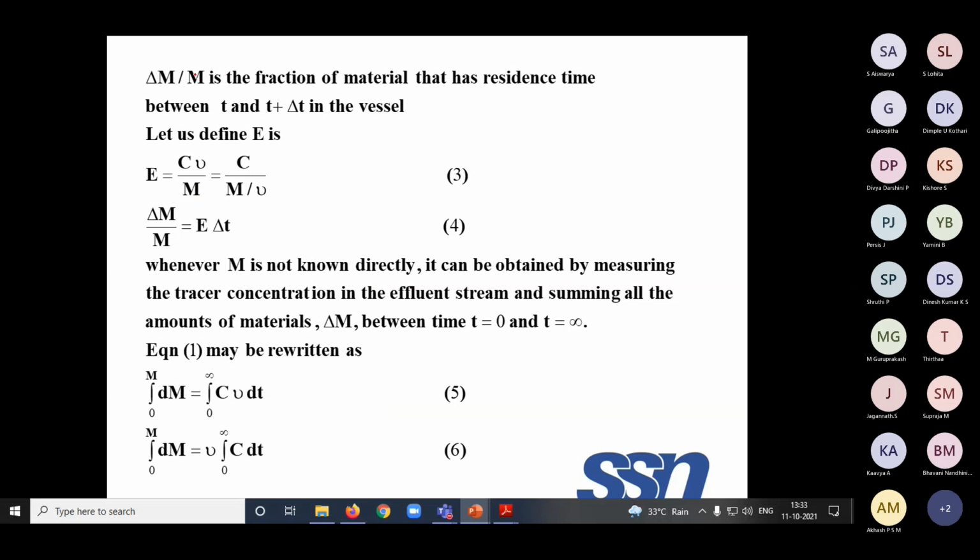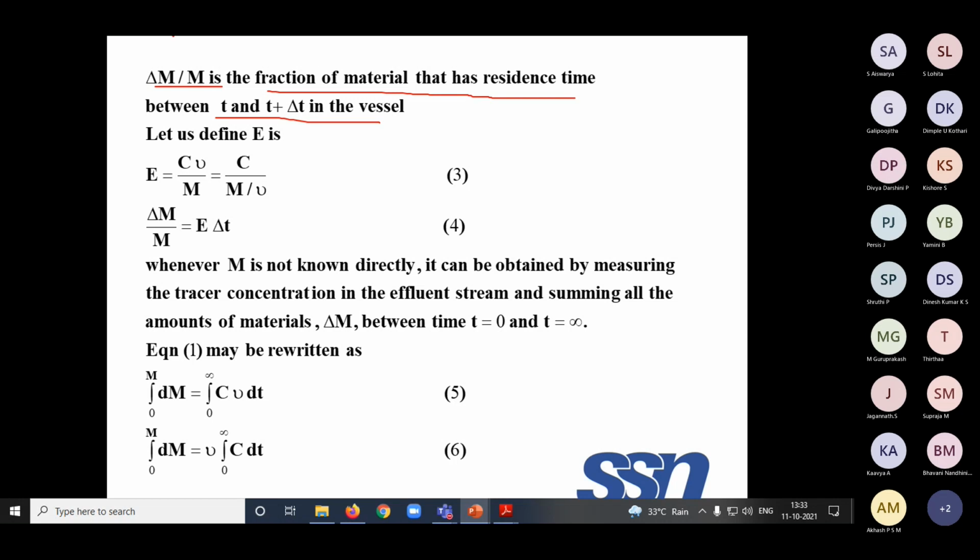So delta M by M is the fraction of material that has a residence time between T and T plus delta T. Am I right? Delta M is nothing but an increment, M is the total. That is individual by total, which is what you call a fraction. That is the fraction of the material which has spent between T and T plus delta T inside the vessel.